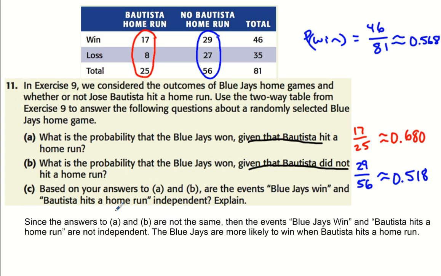Because the answers to A and B are not the same, the events Blue Jays win and Bautista hits a home run are not independent. It seems like the Blue Jays are more likely to win when he hits a home run. We saw that here, 0.680, versus when he doesn't hit a home run, they only win about 52% of the time.